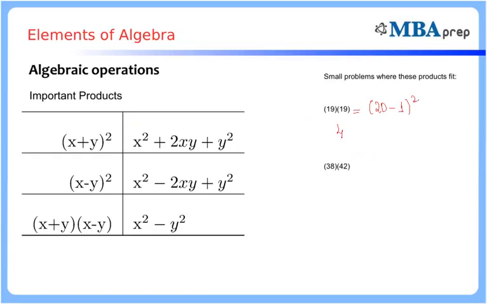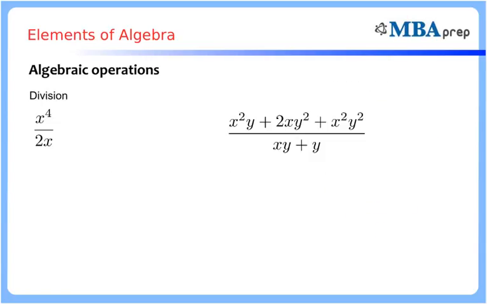So 400, the first squared, minus twice the first term times the second, plus the second squared, which gives us 361. The other one, 38 times 42, could be thought as 40 minus 2 times 40 plus 2, which is 1600 minus 4, which is 1596.